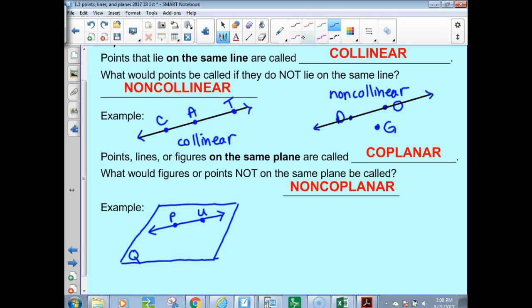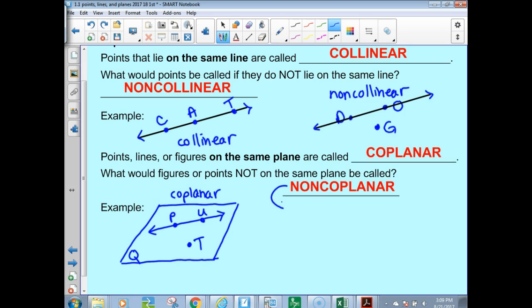And then I'm going to put a point that's not on my line and call it T. These are all coplanar because I put them all in the same plane.